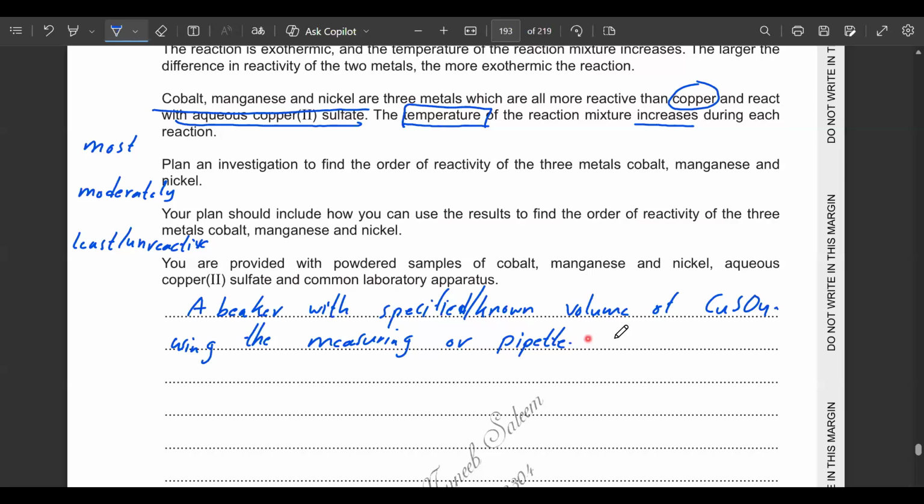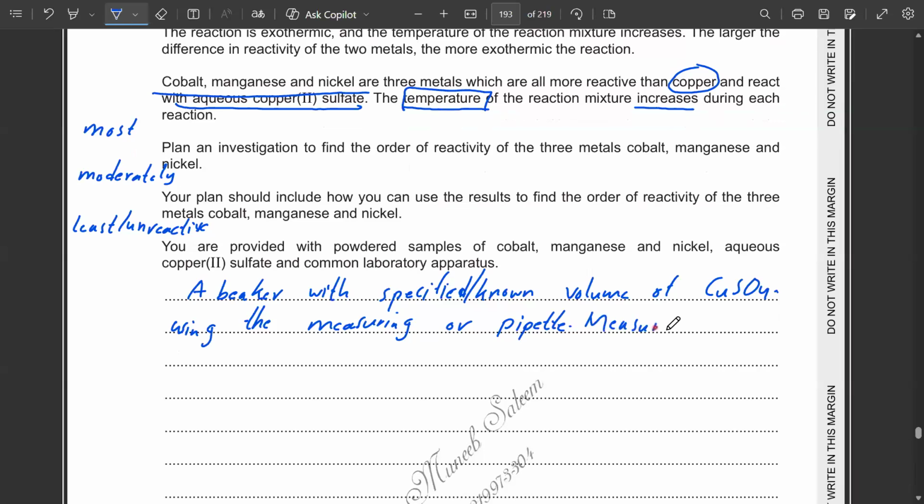Measure or note the initial temperature of copper sulfate, CuSO4.